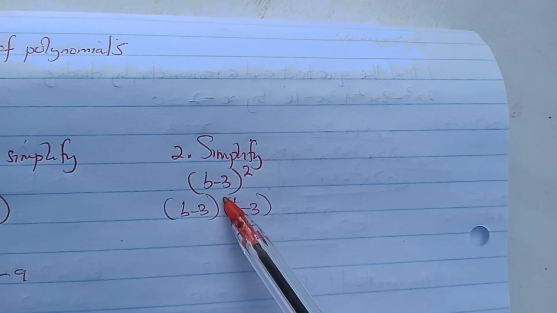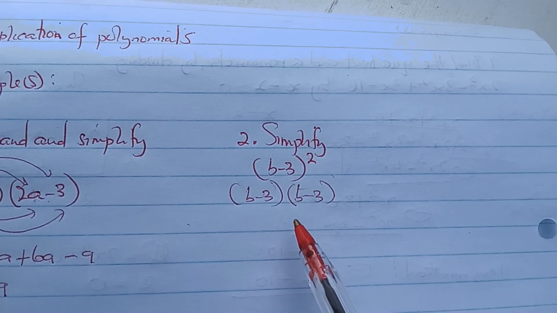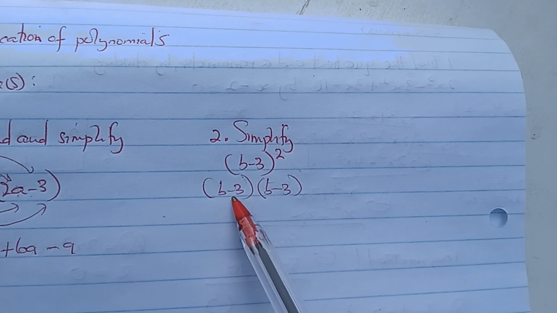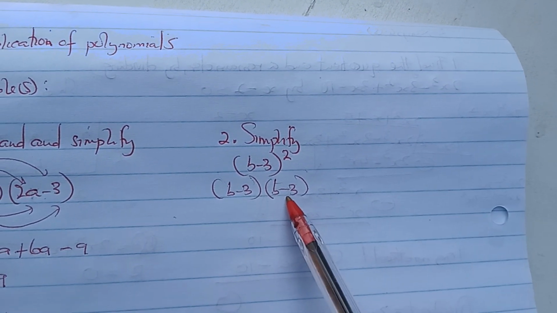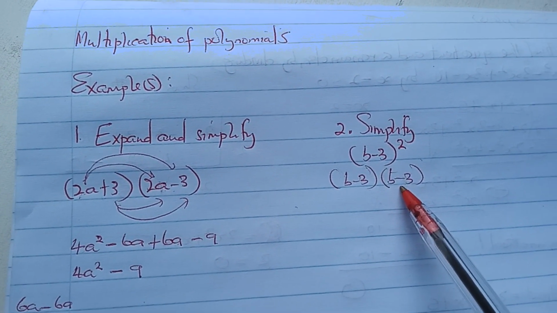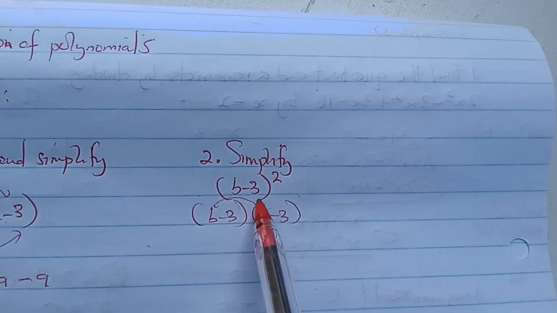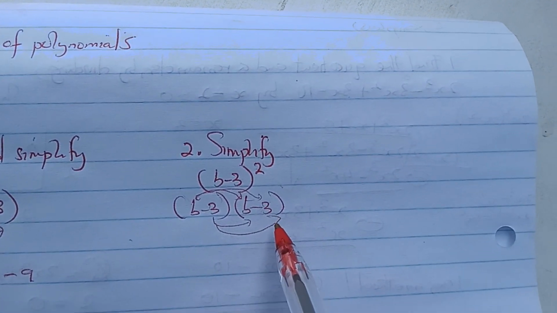Okay, that is what it means. Now when we are done, we multiply what is in the first bracket by every term in the second bracket, like we did in the first example. So this b by that b, and this by this, and this by that.